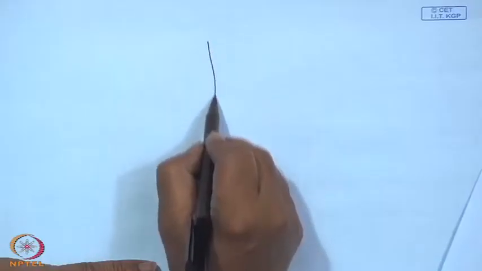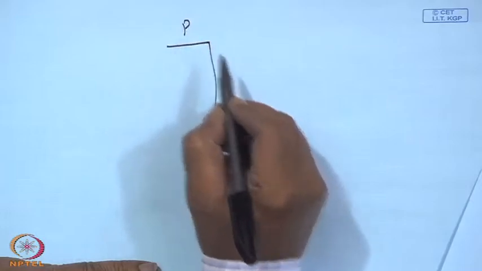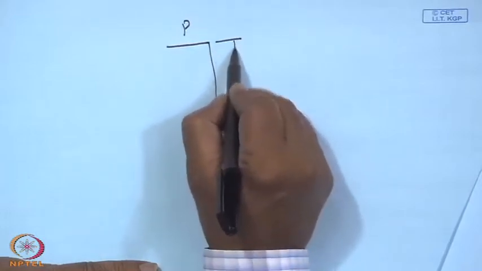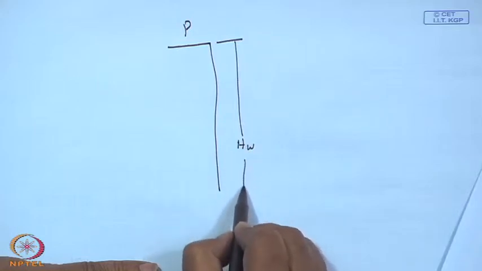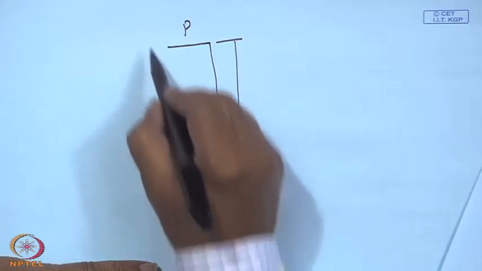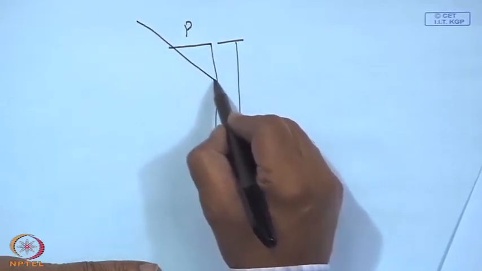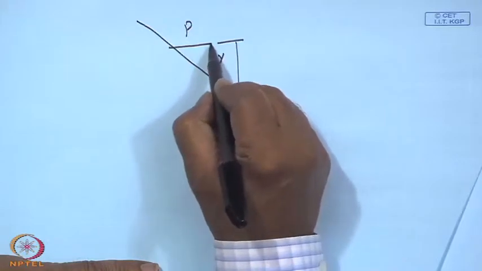So, if I show this in the side view, this is the projection P and you have got h, the window height, over a certain level, and then this is the sun's ray. So, you have got a y.